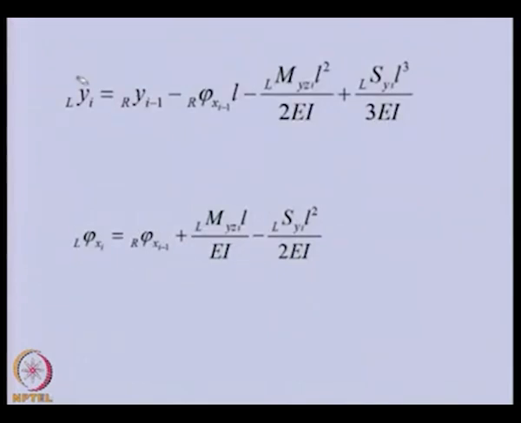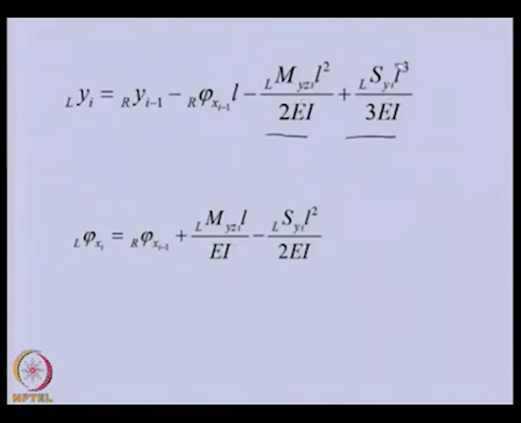The displacement of the left of the ith disk is given by these two terms, which are coming from the cantilever when we are considering the shaft as fixed.